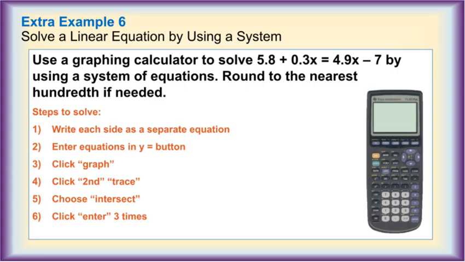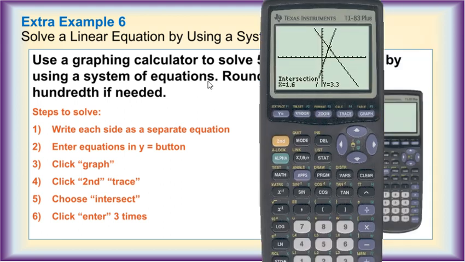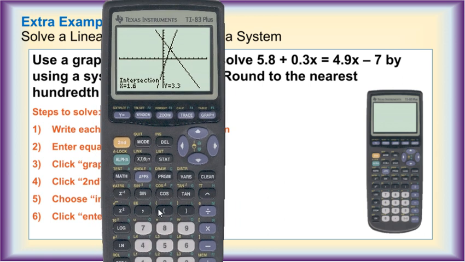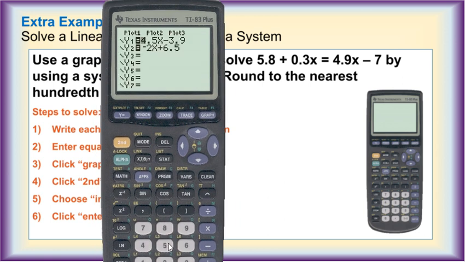And our last question here. So this one, and we'll grab our calculator again. y equals, I'll put this as 0.3x. And then we have plus 5.8. The other one we have 4.9x minus 7.